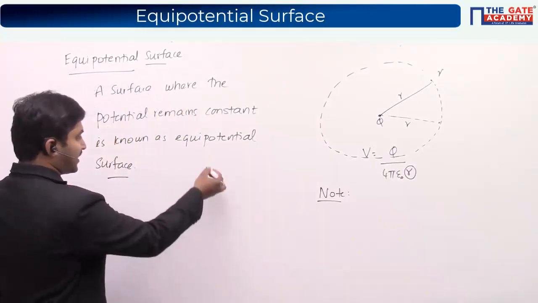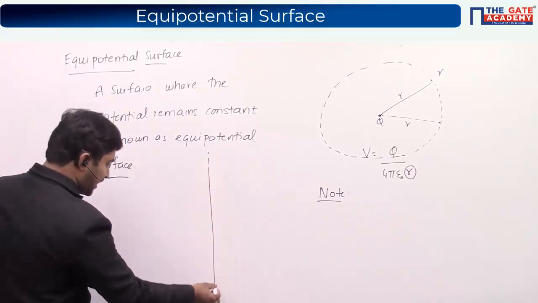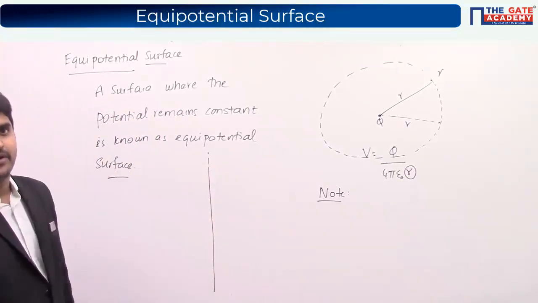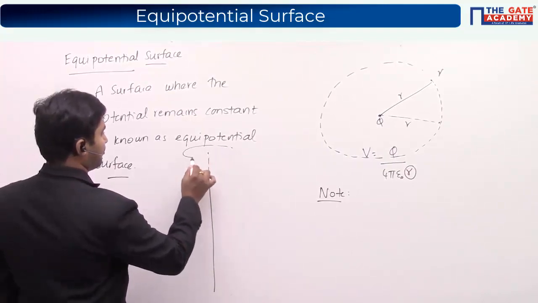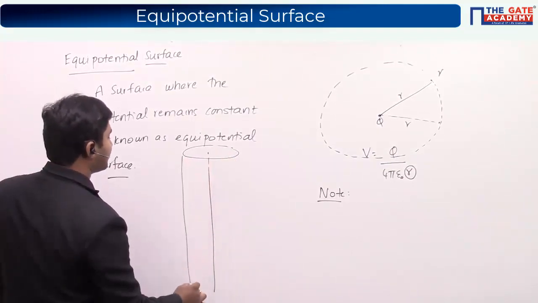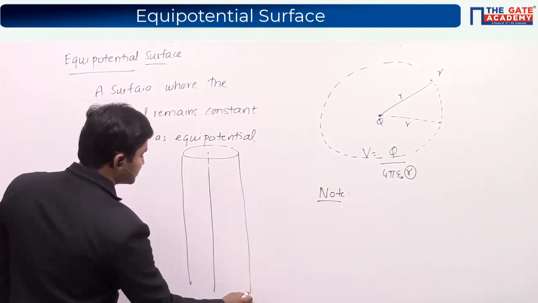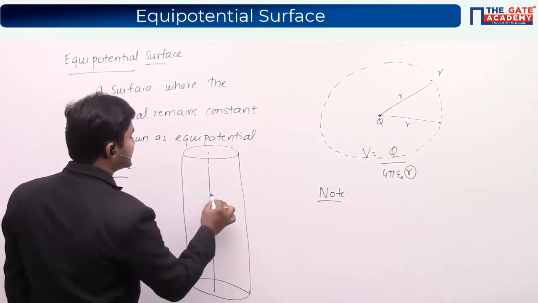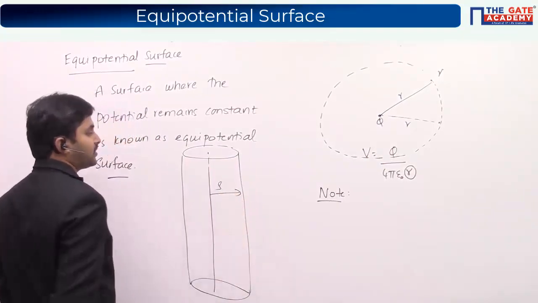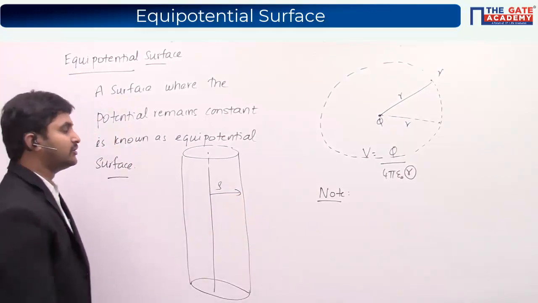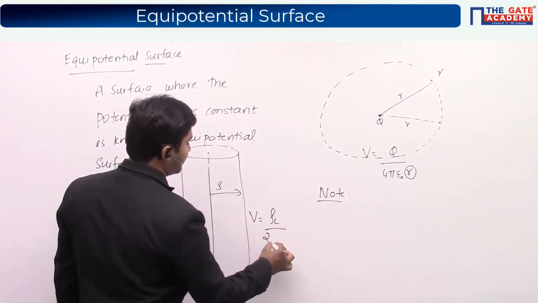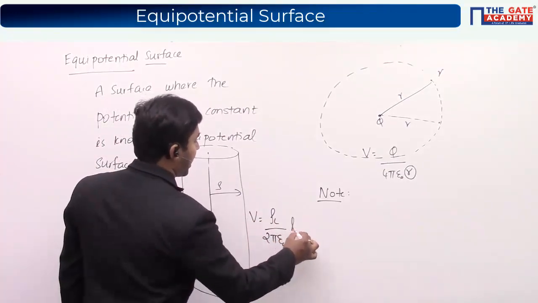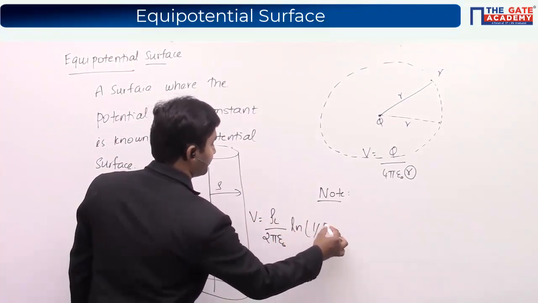And if I consider an infinite line charge, any point on the cylinder which is having a radius of rho will have the same potential according to the formula V equals rho L divided by 2 pi epsilon naught ln of 1 by rho.